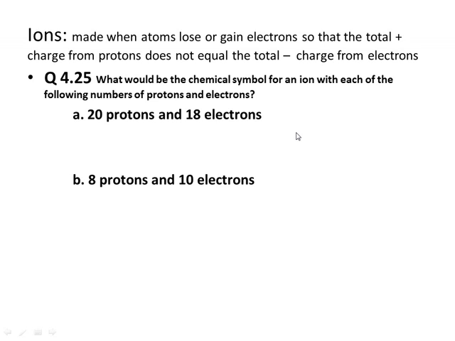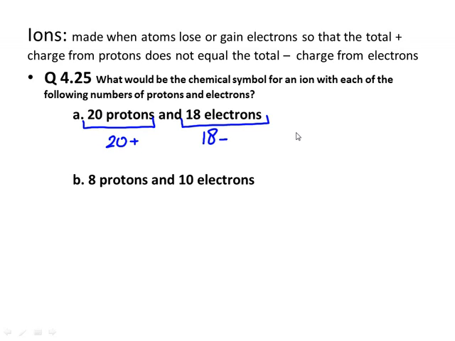Now let's look at problem 25, and it says, what would be the chemical symbol for an ion with each of the following numbers of protons and electrons? So basically what you need to figure out in this problem is, what is the total plus coming from protons? Each proton has plus 1 charge, therefore 20 protons will have 20 plus charge. What is the total negative coming from the electrons? Each electron is minus 1, so 18 electrons will be 18 minus.